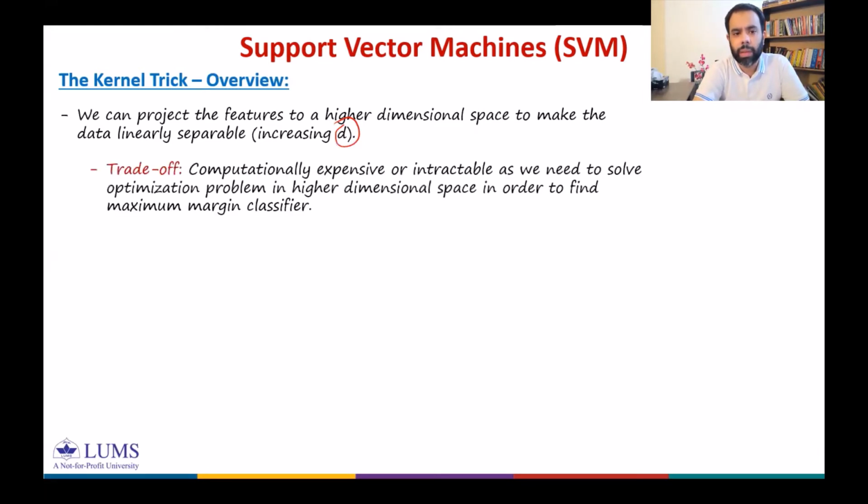The trade-off here is that the optimization problem would be computationally expensive, or could even be intractable, because when we increase the number of features, we also increase the number of variables for which we need to solve an optimization problem.